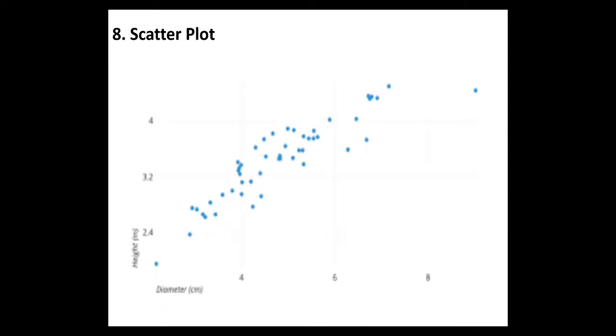Next, coming to the scatter plot chart. Scatter means without any order, spreading over the overall space. Especially we go for this scatter plot to know the relationship between two different variables.